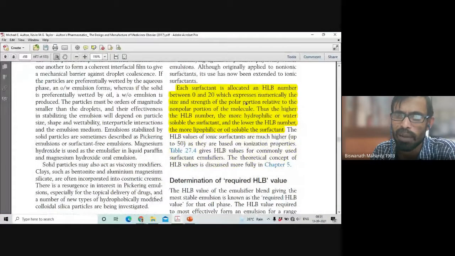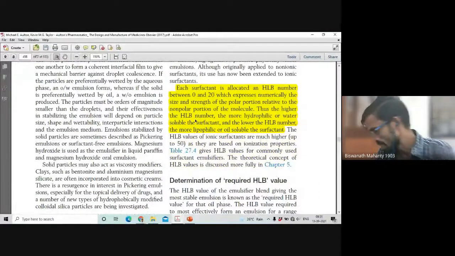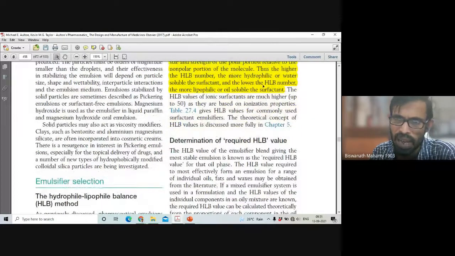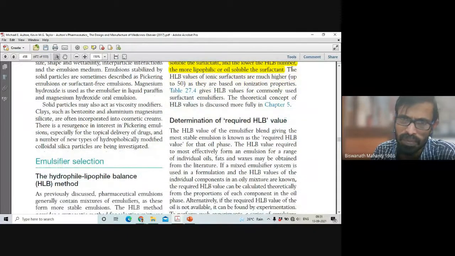Then we are talking about HLB values. What HLB do we need for preparation of any emulsion? What HLB is the requirement? Normally we have a scale of 0 to 20, but in some cases some ionic surfactants can have much higher values, but we do not really consider all of them.